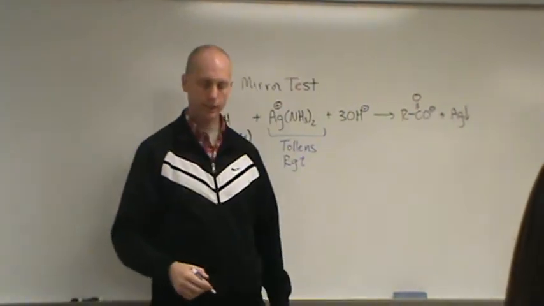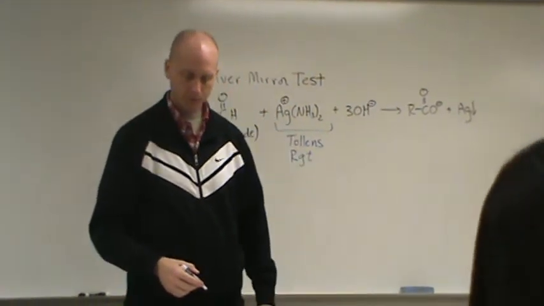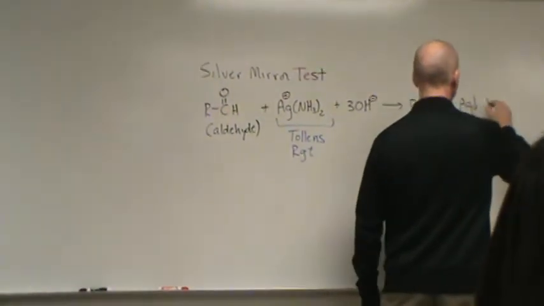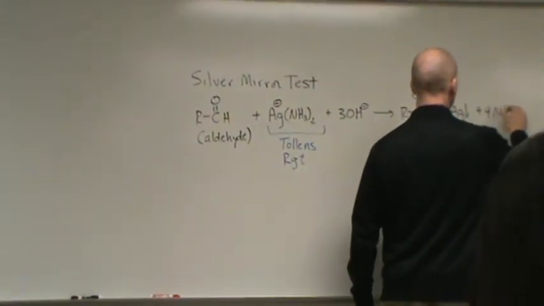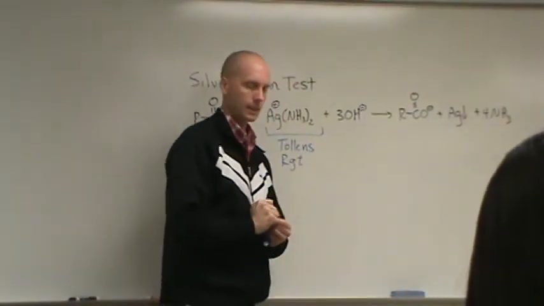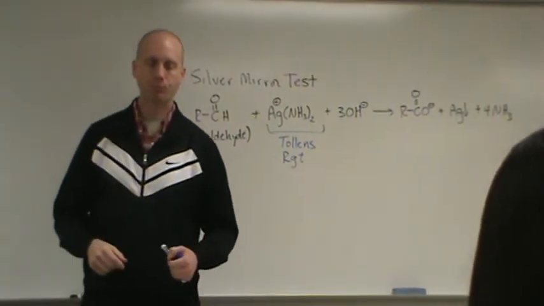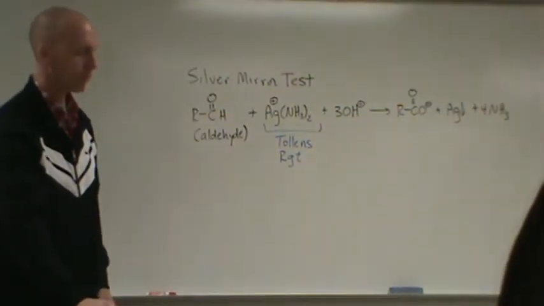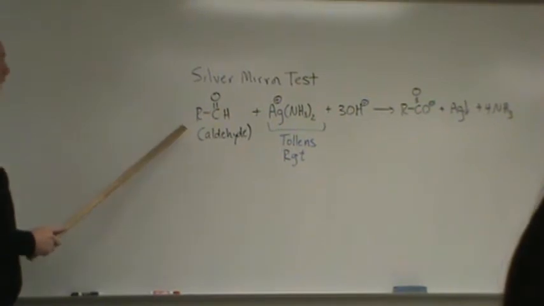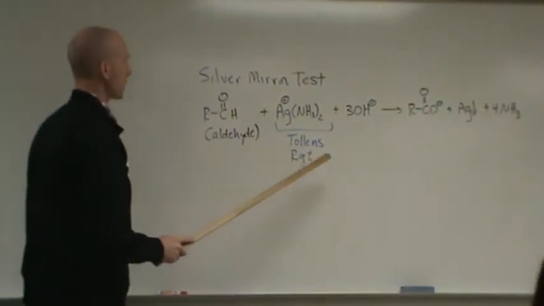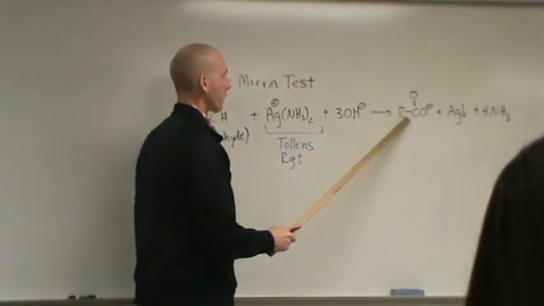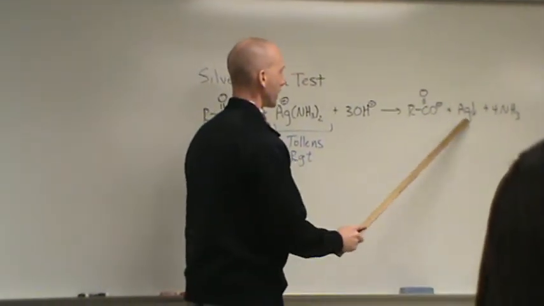Some silver there, and then we get ammonia. So when you react an aldehyde with a Tollens reagent, you get these products. The main product we're going to focus on is this thing here.